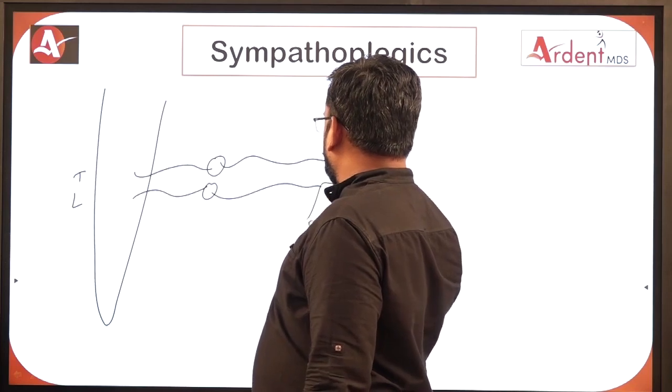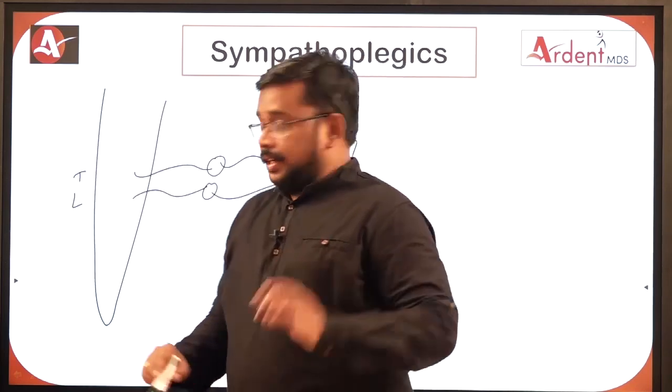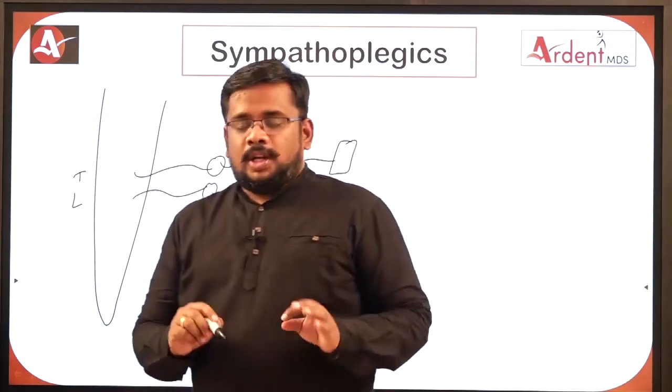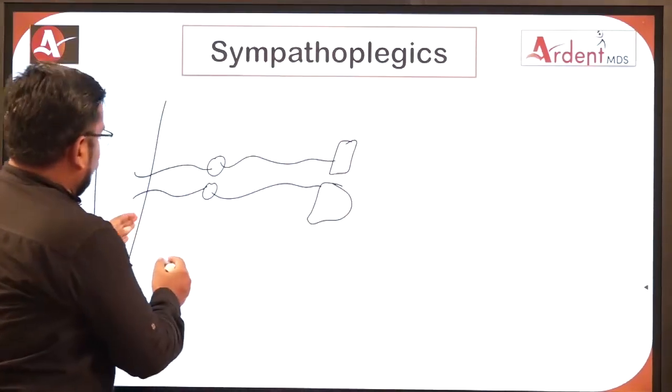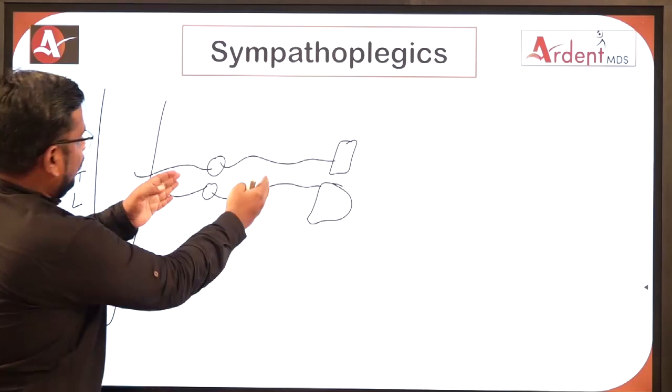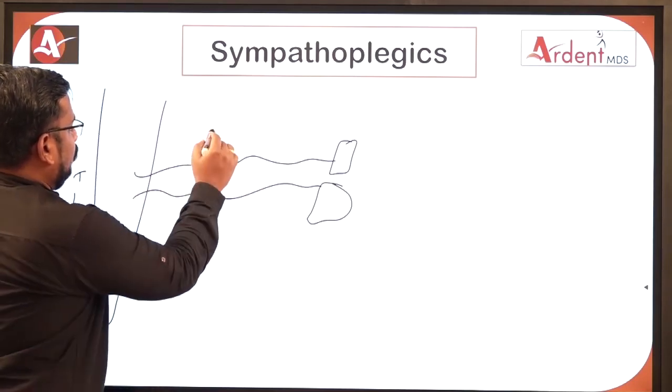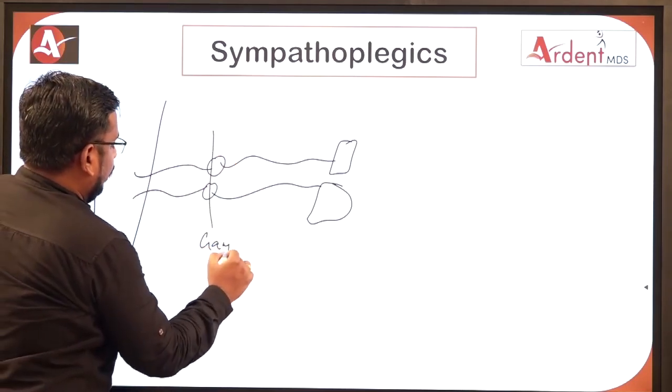They supply the nerves, muscles and organs. This junction where the preganglionic and postganglionic fibers meet is called the ganglion.